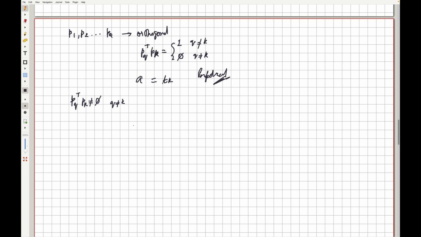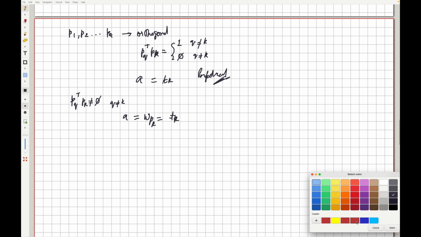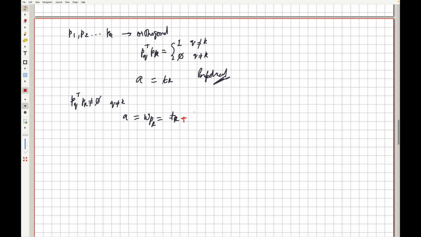And in those cases, what can happen is that we would get an output which would be an error. So if we look at this A again, A would be equal to WPK, but this time in addition to this TK, which is the target output that we hope to get, we would also get something called error or interference, which we can write here as sigma q not equal to k TQ, right?